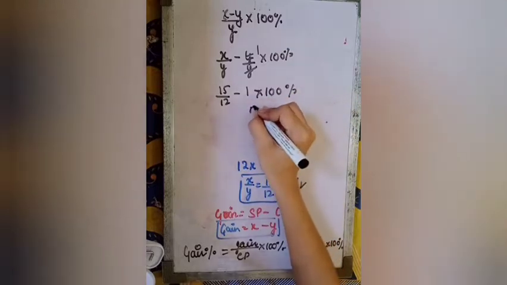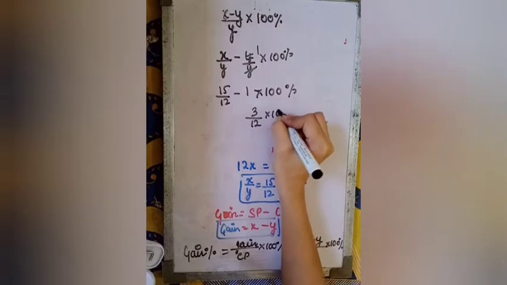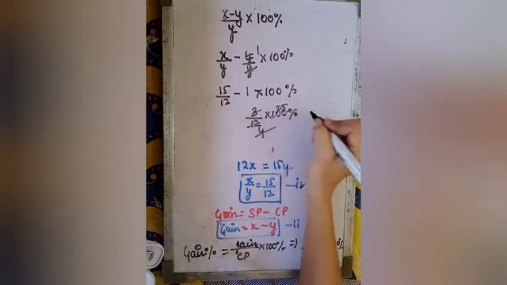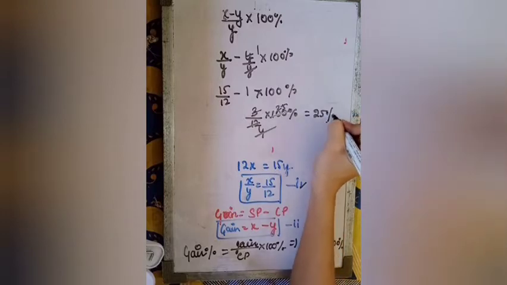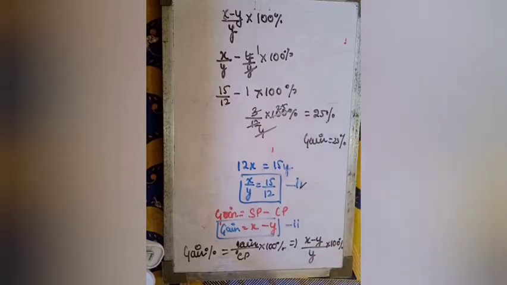Now subtract it. It will be 3 upon 12 into 100%. 3 fours are 12, 4 twenty-fives are 100, so it is 25%. So the gain percent is 25%.